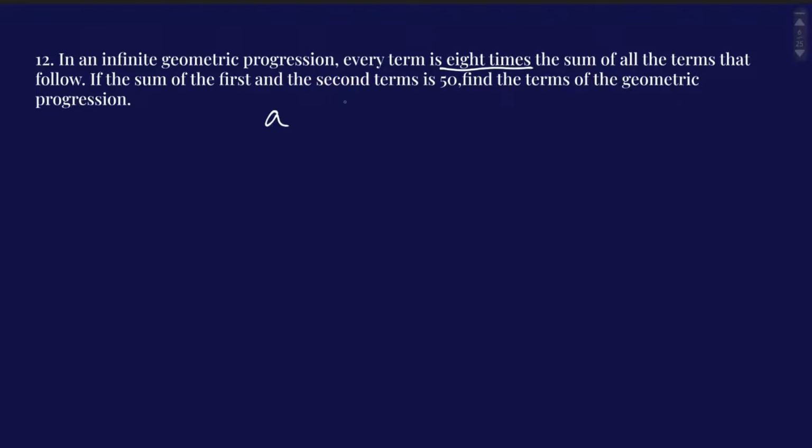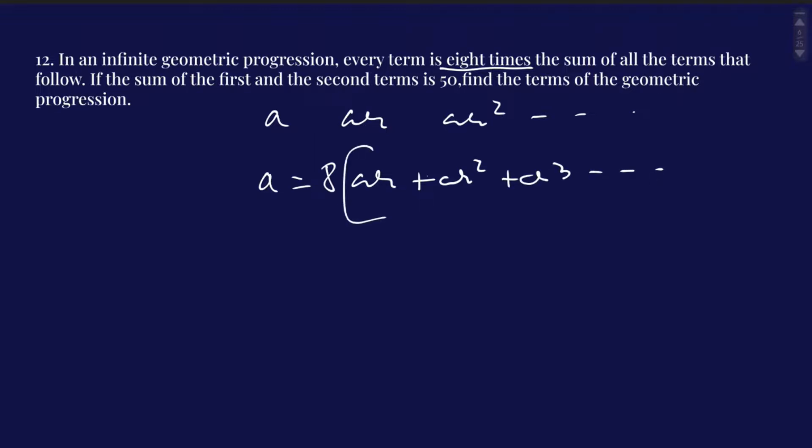So let the first term be a, the second term be ar, the third ar square, and so on. So a is going to be equal to 8 times of ar plus ar square plus ar cube, and so on.